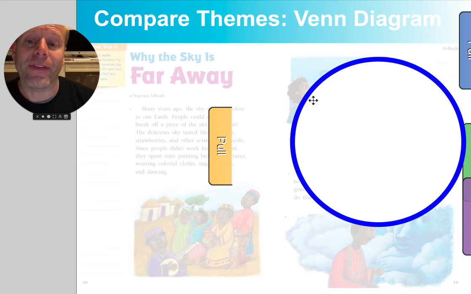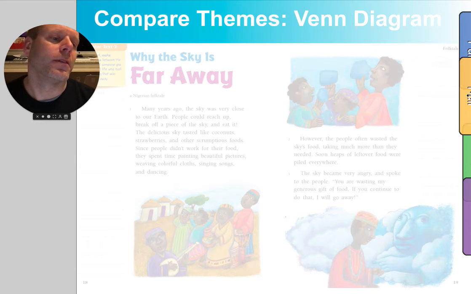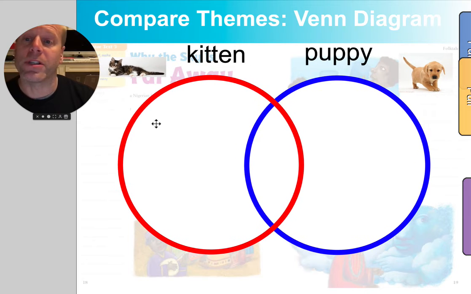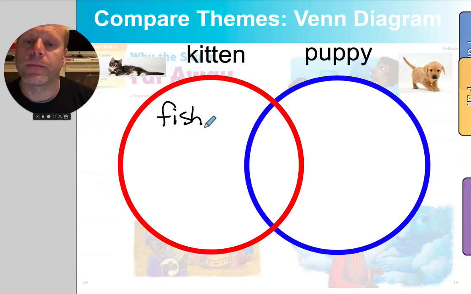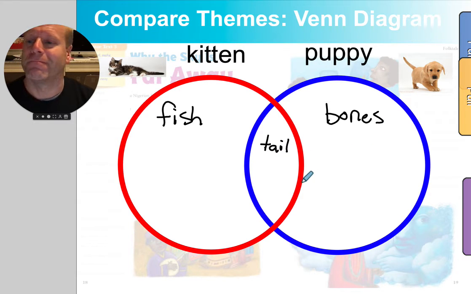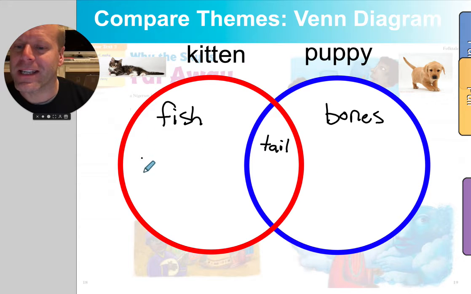But if you think about it, as different as they are, you are still going to find some things that are the same. So remember, cats ate fish. Puppies like bones. Those are different, but they both have a tail. See? Cats say meow.